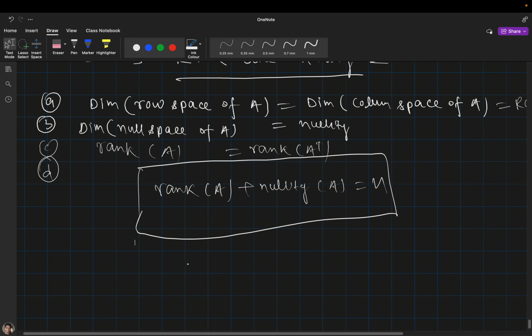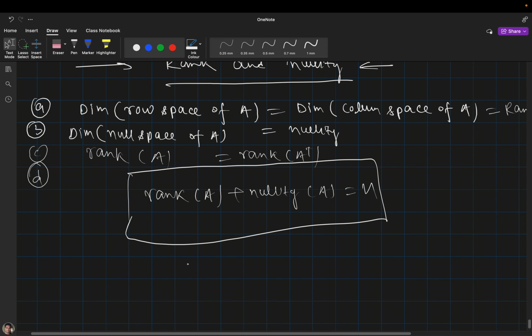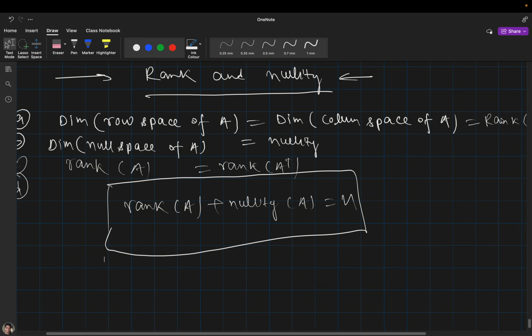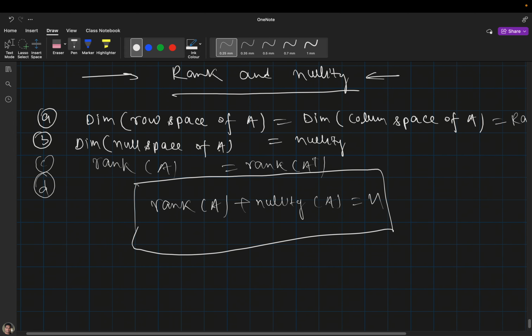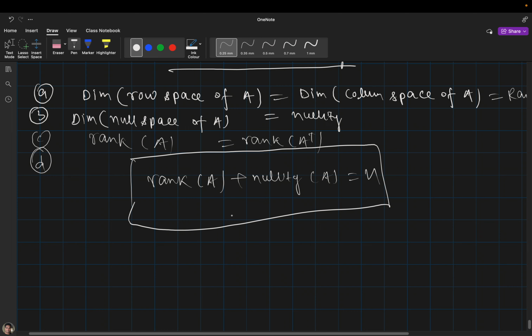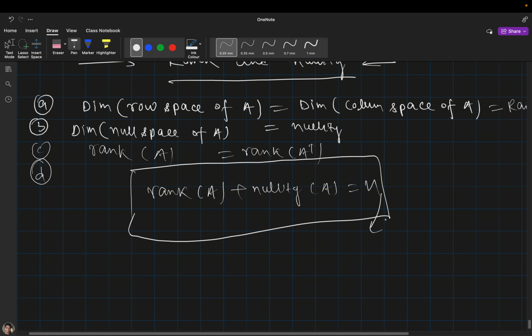So it is saying that the number of basis vectors for the row space of A, the dimension, is exactly equal to that of the column space of A, and that is also equal to the rank. That is called rank. Now the dimension of the null space of A is exactly equal to the nullity. And now what is n? For the system Ax equal to 0, n equals the number of unknowns.